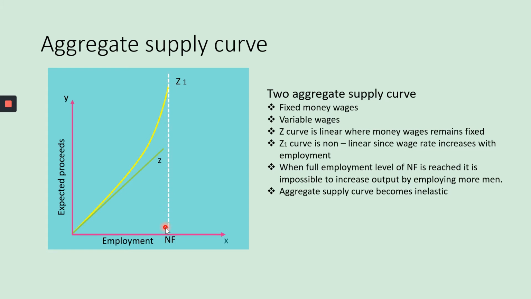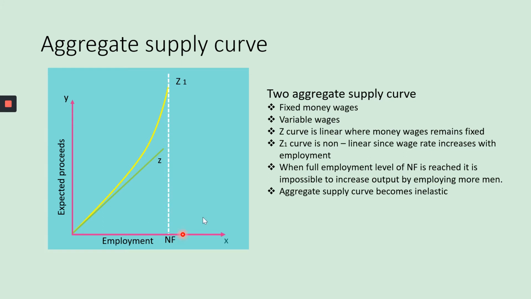Let me explain this. Two aggregate supply curves are here, Z and Z1. Z is for fixed money wages and Z1 is for variable wages. The Z curve is linear where money wages remain fixed. The Z1 curve is non-linear since the wage rate increases with employment.